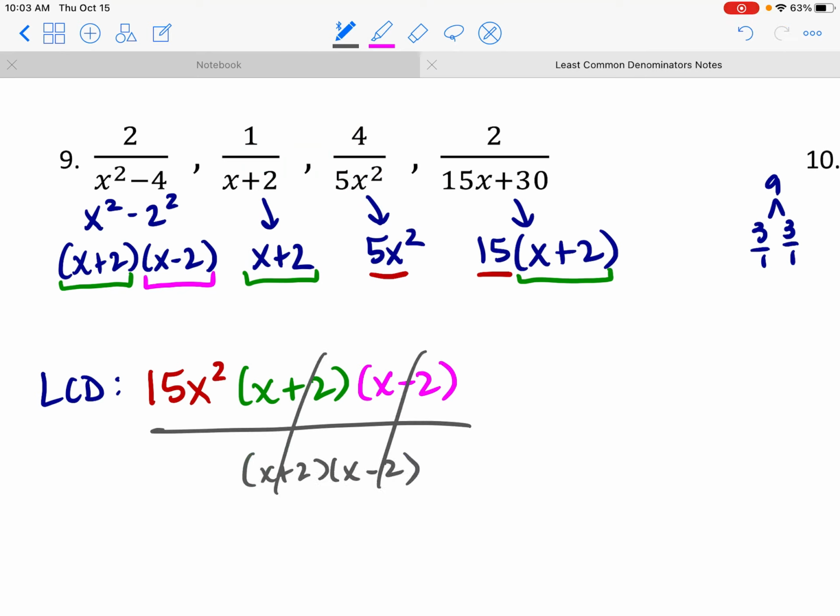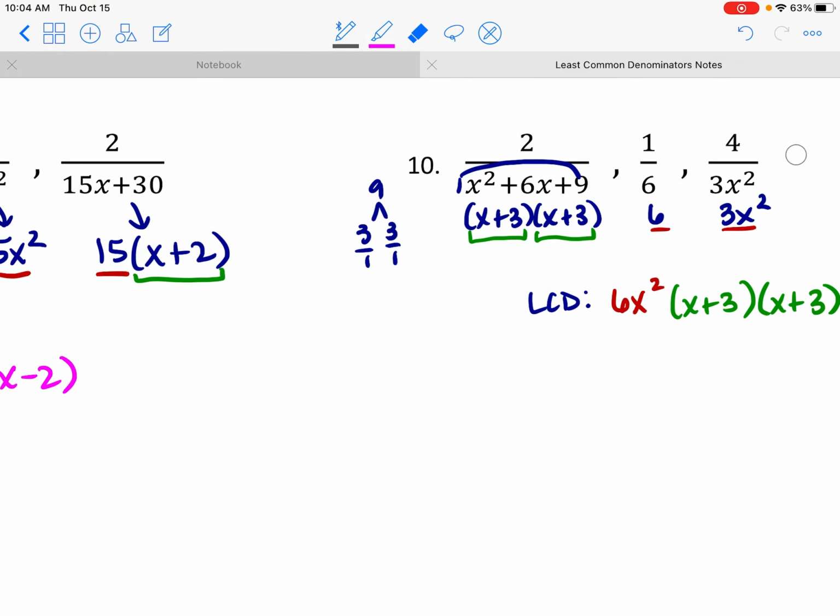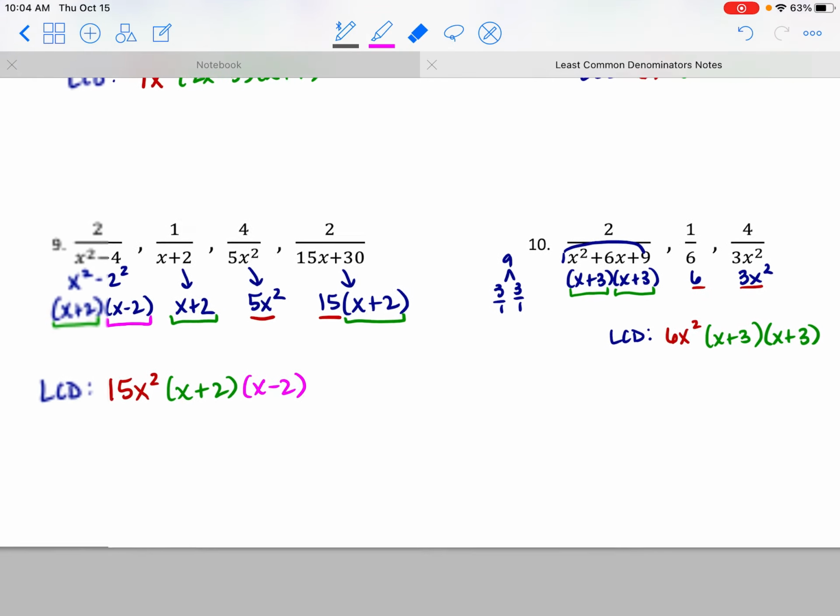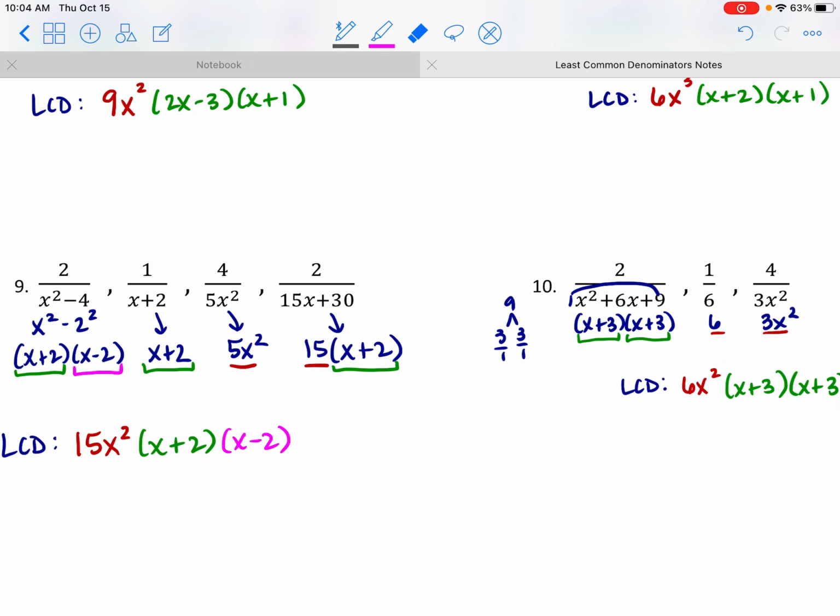Each of those goes in, no issue. When I divide by the second denominator, x plus 2, no issue. When I go to divide by the 5x squared, we're good. If I go to divide by the last denominator, 15 and x plus 2, again, not an issue. Because the x plus 2 only happens once in each denominator.